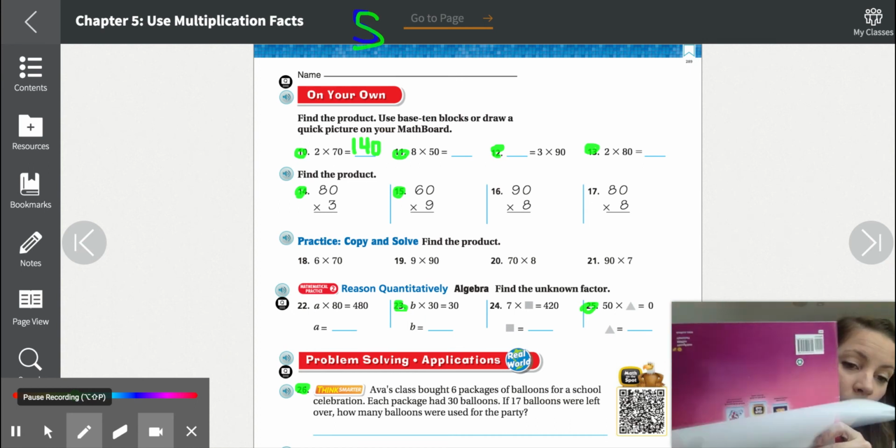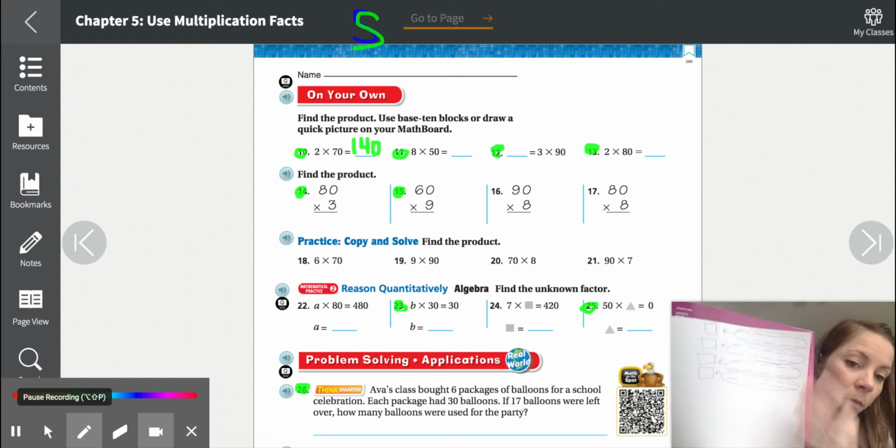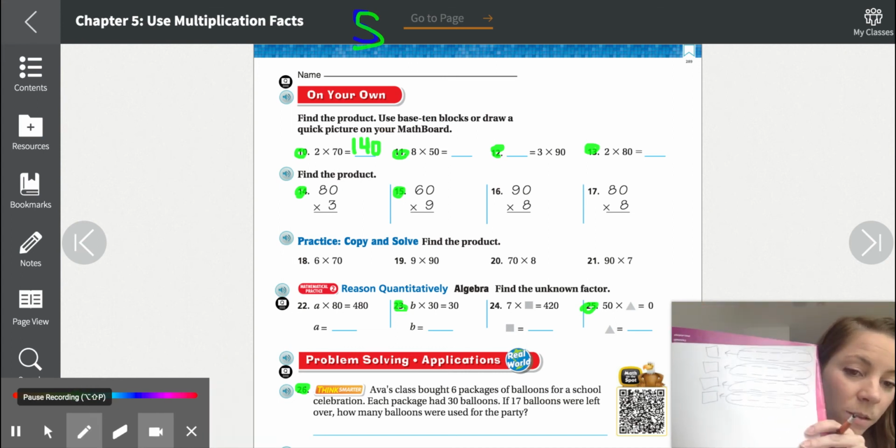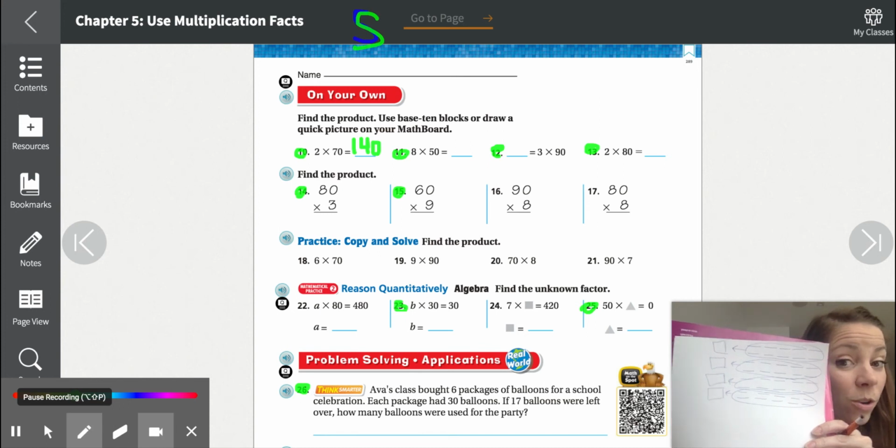Now I'm going to circle 10 of them at a time. Remember, 10 tens is like 100, so I'm going to draw it into a square. Okay, so 10 tens at a time would give me actually 4 hundreds. And there's no tens left over, so I just have 400.